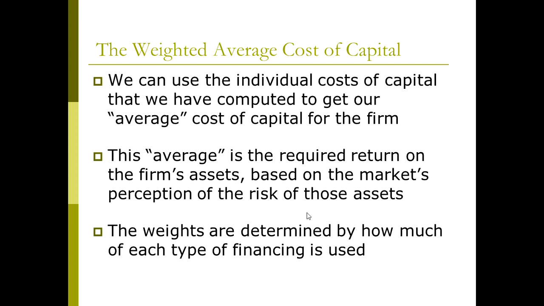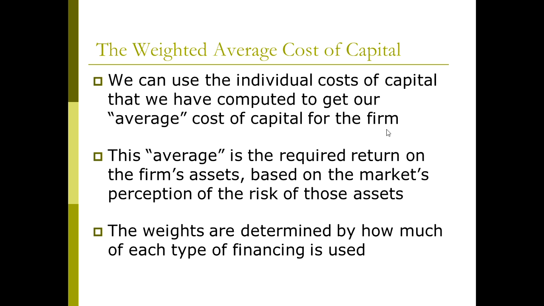Okay, so now we have all the ingredients of the weighted average cost of capital. Let's put them together. So the weighted average cost of capital, or the WACC, is the average cost of capital for the company when the company issues both stocks and bonds.